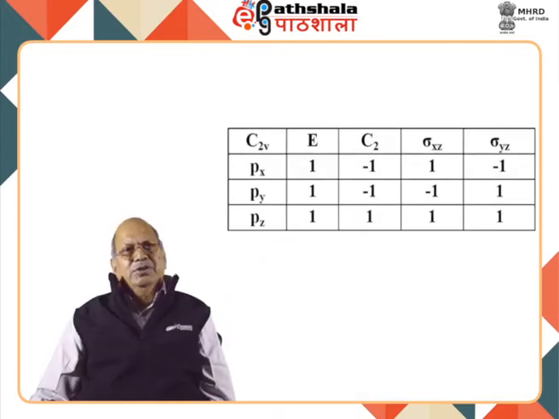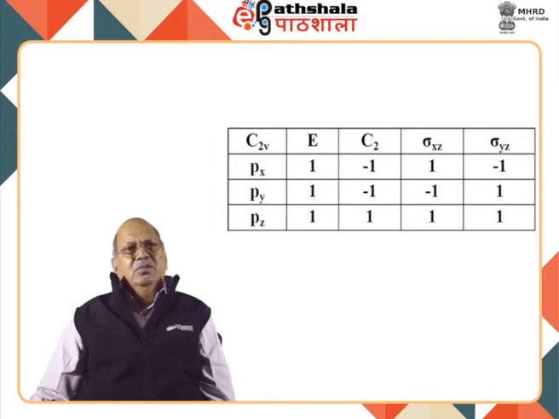E does not change any of these, C2 changes them like this, sigma xz and sigma yz we can find, and all these effects of various symmetry operations on px, py, pz orbitals are shown in the form of a table below.